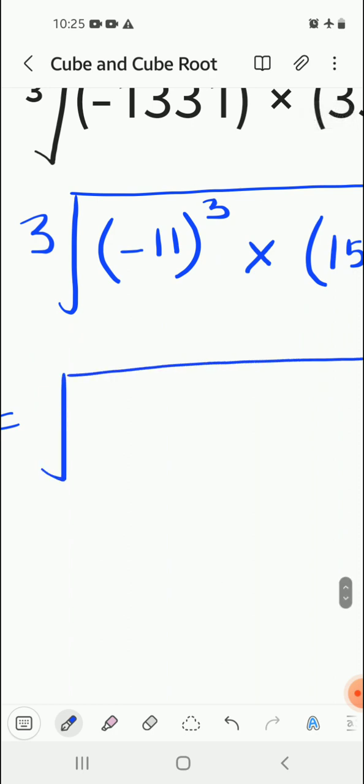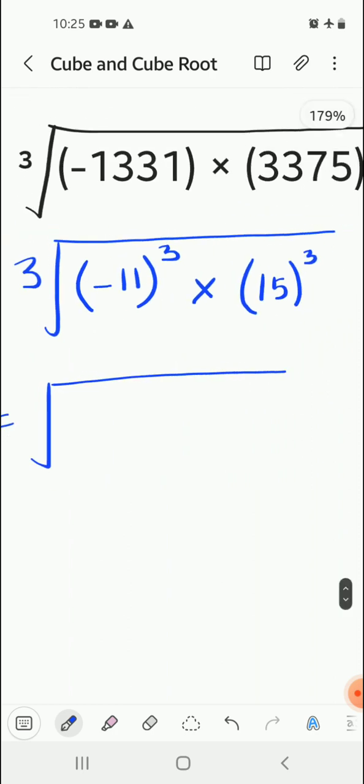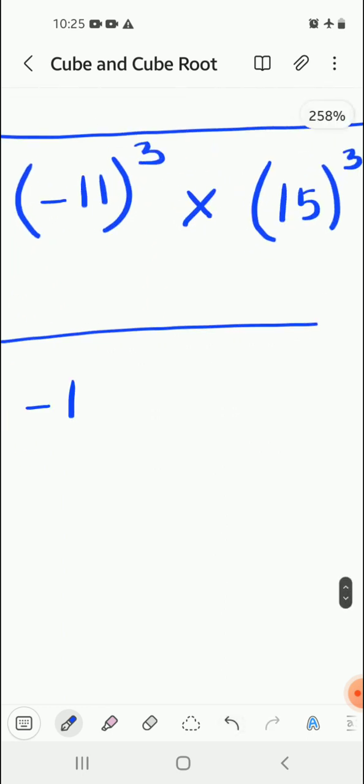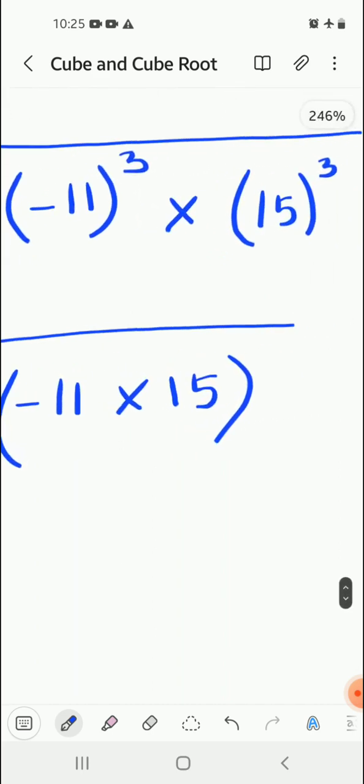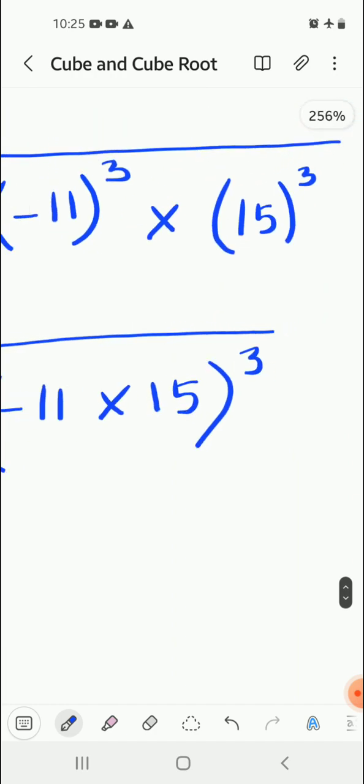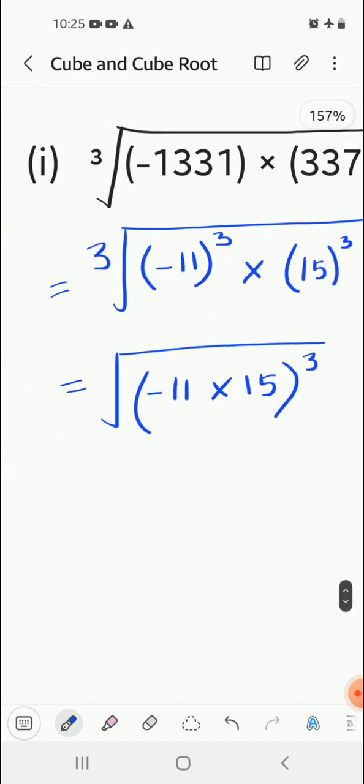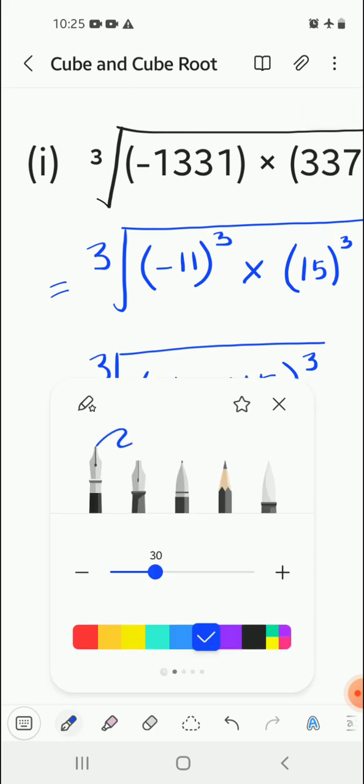You can see both the numbers 11 and 15 have the same powers. So we can write it in this manner, that it is minus 11 into 15, and the whole thing has the same power, that is cube. Now in this step we can cancel out the cube.